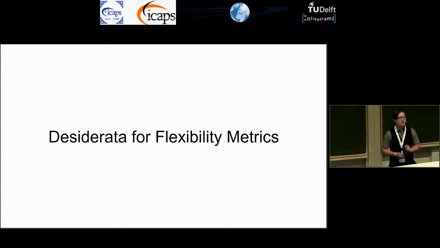Now, in doing this, we make a few assumptions, and the main assumption here is that any event in the STN is equally likely to be perturbed in any direction and equally likely to be perturbed as any other event. Under that assumption, we think these are desirable qualities for a flexibility metric.